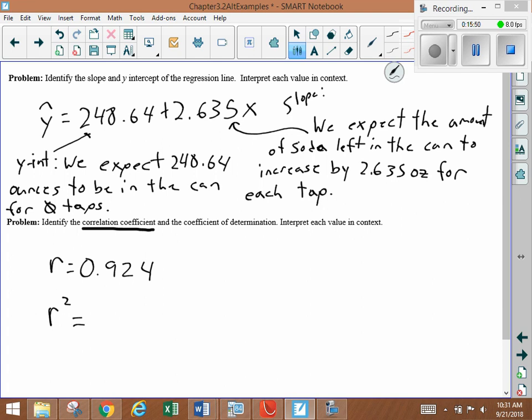We square it. So, R squared, 0.924 squared is exactly 0.853776. So we would say that that is going to be about 85%. Okay, but so what do we say about that?